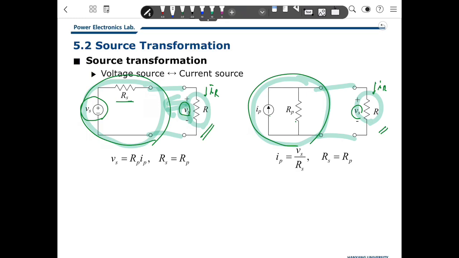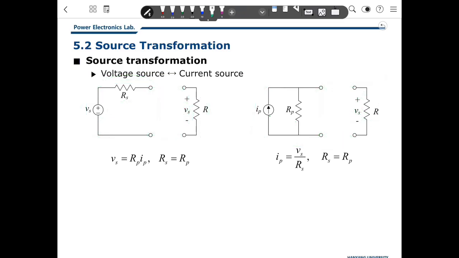First we will analyze this one. Oops, this is so long. This is not Vs. This is V. Then I want to calculate the V. What is the V?